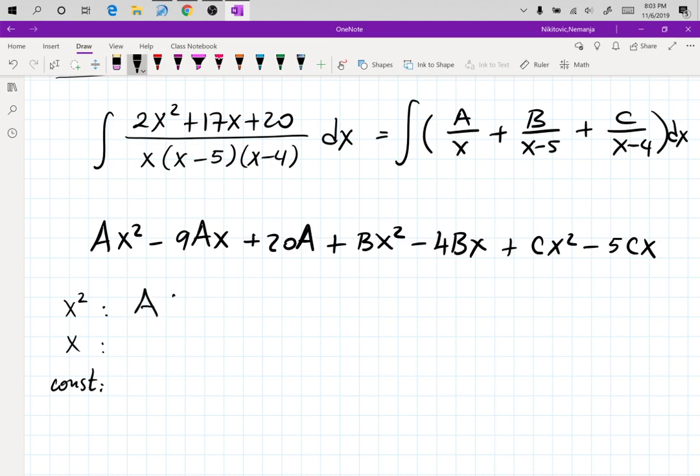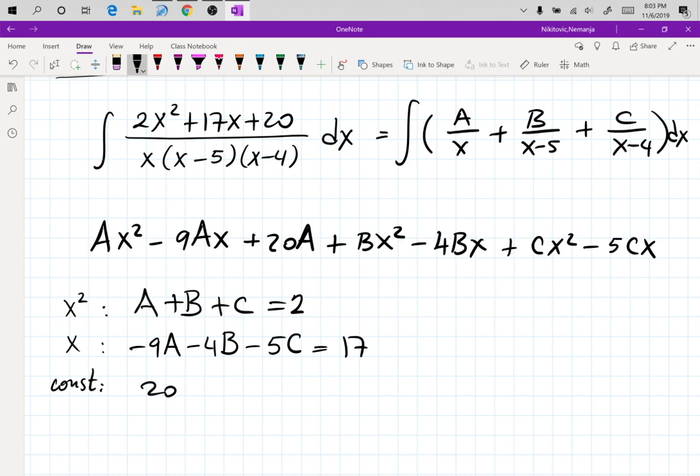So a plus b plus c equals 2. Minus 9a minus 4b minus 5c is equal to 17. So those are x's. 20a is equal, that's the only one with a constant, everything else has x's, is equal to 20.